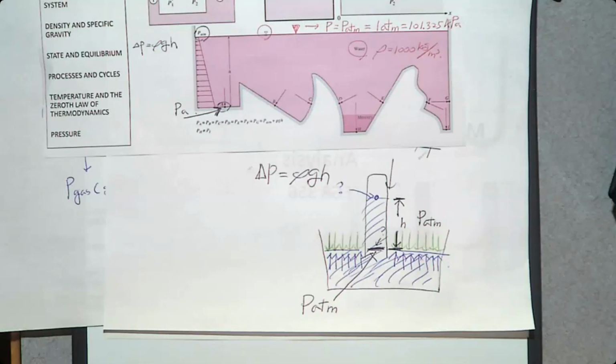Then, do you know what is the pressure at this location? What is the definition of pressure? Force by fluid. Now, that's mathematical. But in physics, force exerted by fluid is pressure, right?